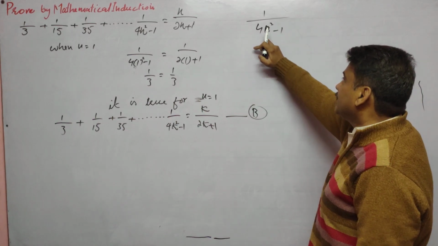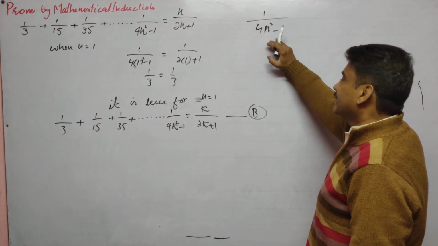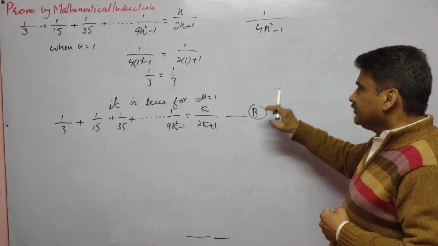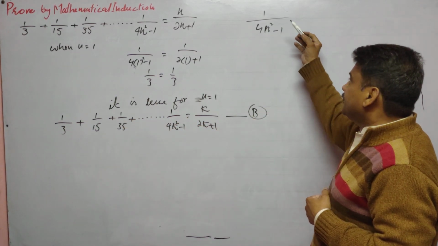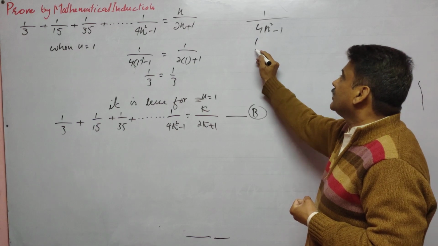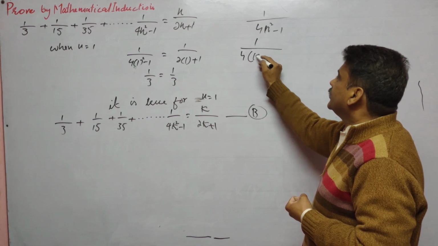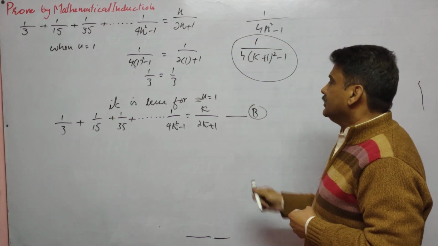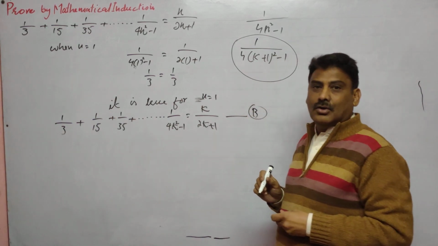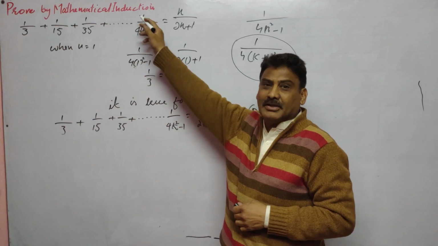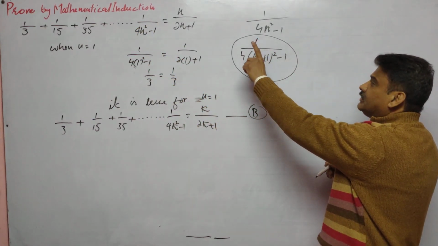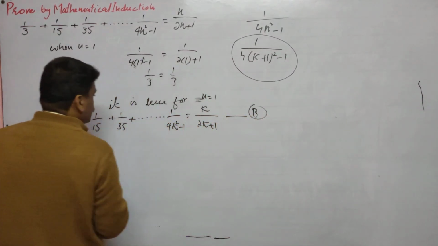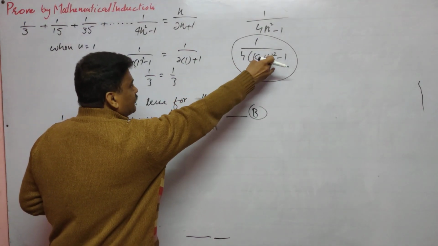We replace n by k plus 1 and add 1/(4(k + 1)² − 1) on both sides of B.